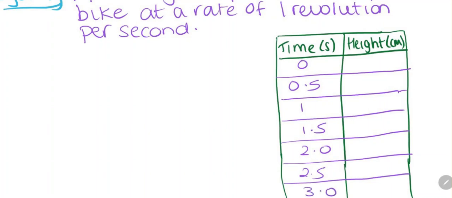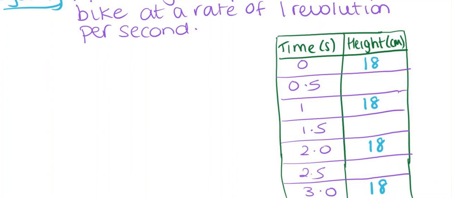So the height, the question says a full revolution in 1 second. So this is going to be at 18, and then in 1 second it's going to be 18 again. And then at 2 it will be back round to 18 again, and at 3 it'll be back round to 18 again.